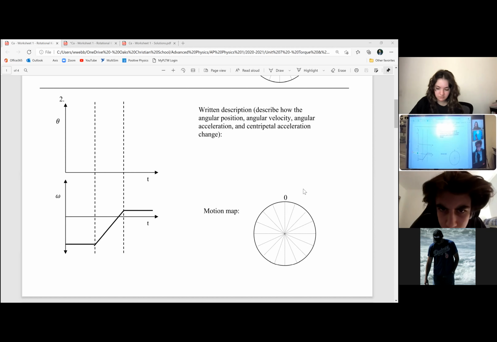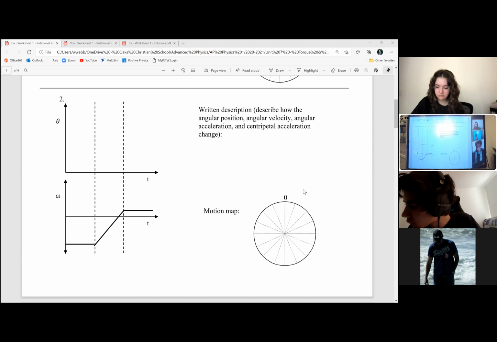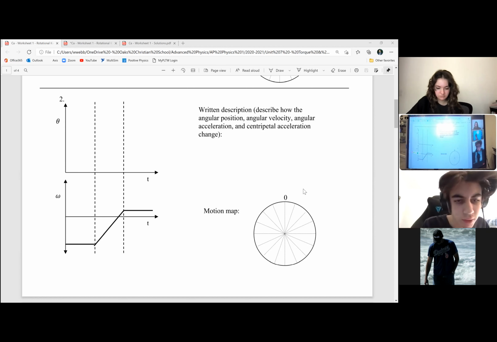And then for position, I think I put that it changes every time it moves. For the horizontal parts, it's moving, but it's not changing velocity, so it wouldn't be changing position.